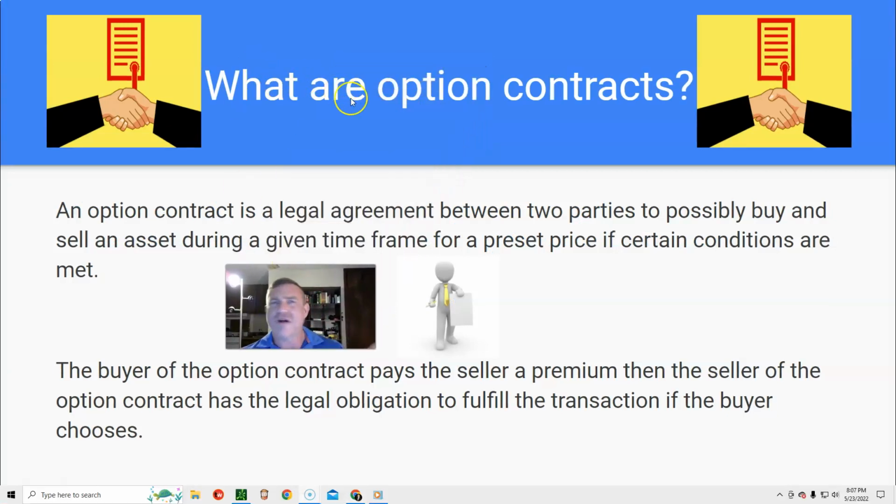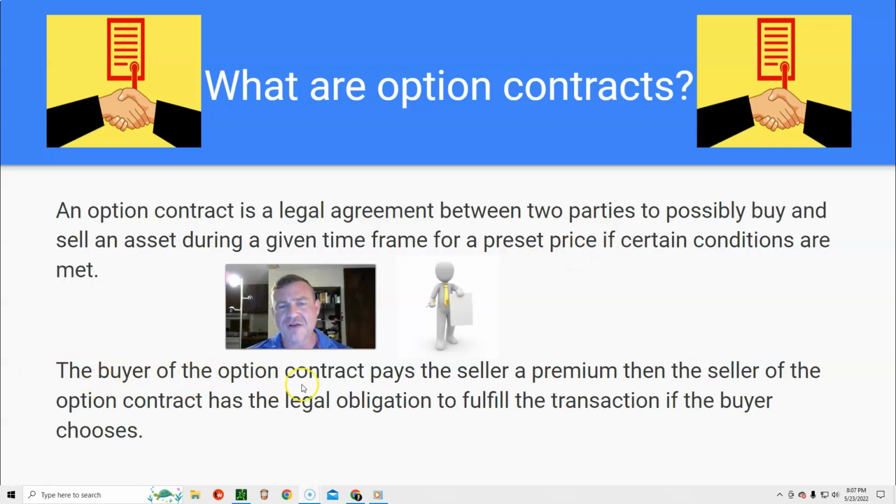What are option contracts? Get ready for some gobbledygook of sentences here. An option contract is a legal agreement between two parties or people to possibly buy or sell an asset during a given time frame for a preset price if certain conditions are met.